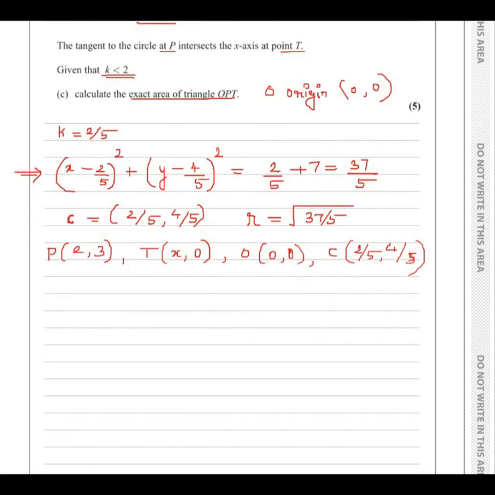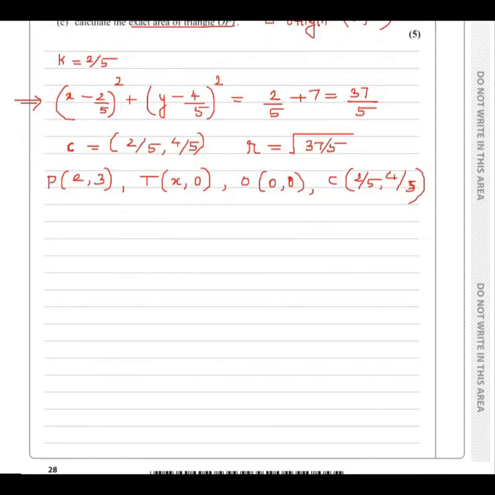So to make things more clear, we will draw a circle here. This is the y-axis and this is the x-axis. For example, this is 1 and this is x. And this is the origin O, whose coordinates are 0, 0. And the center is somewhere around here. We'll take it here. So C is 2 over 5 and 4 over 5.